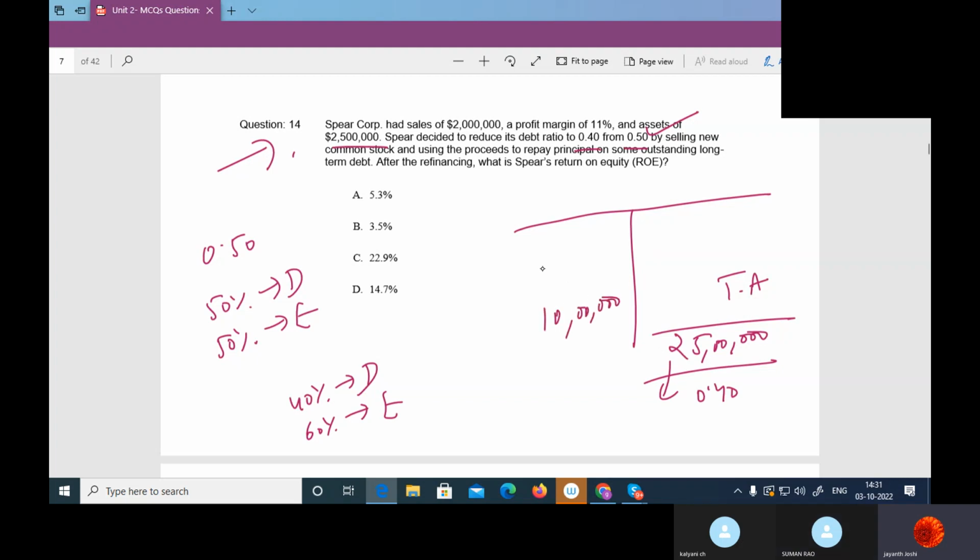And 15 lakhs is your equity, 25 lakhs minus 10 lakhs. Yes. So now you have your equity, and you have your profit margin. Multiplying the profit margin with sales, you get net profit. Just do 11% of 20 lakhs.